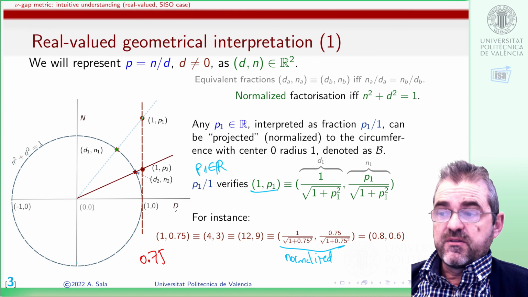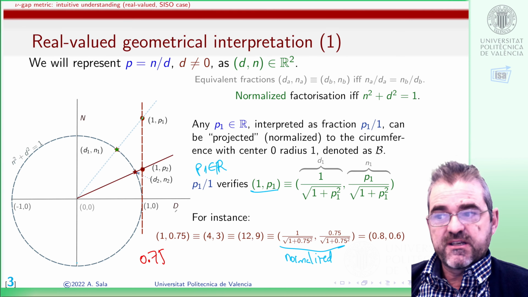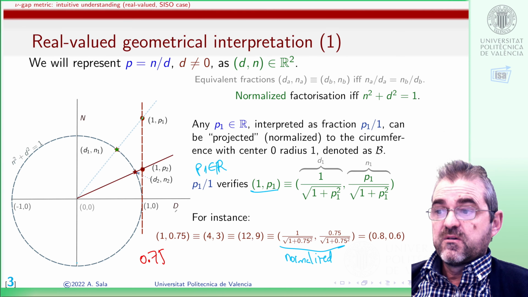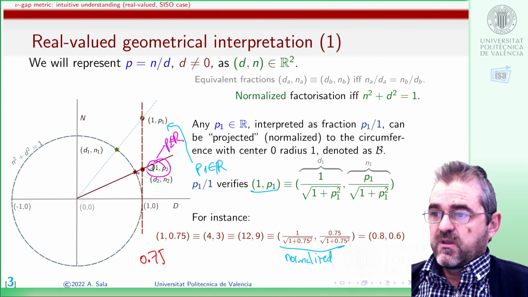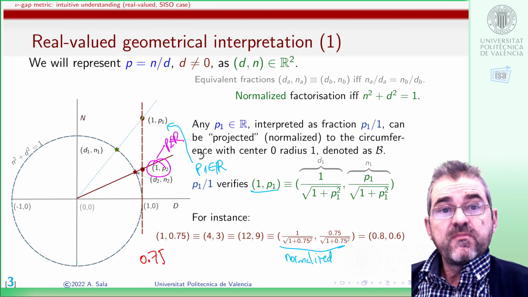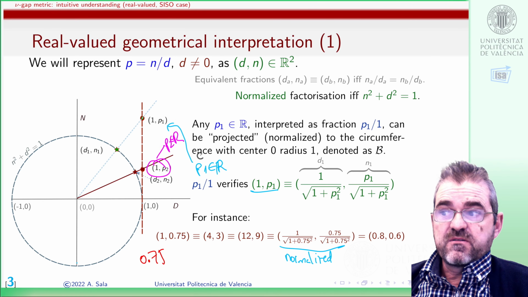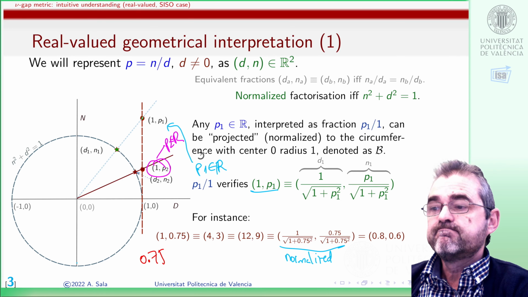So once we have this understanding of what the normalized factorization is, then we can have two numbers, P1 and P2, represented by these two lines, and then we want to measure the distance between them as follows.